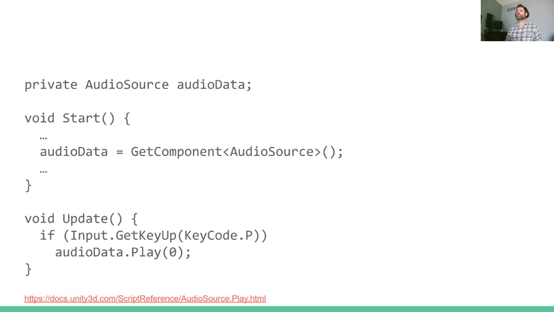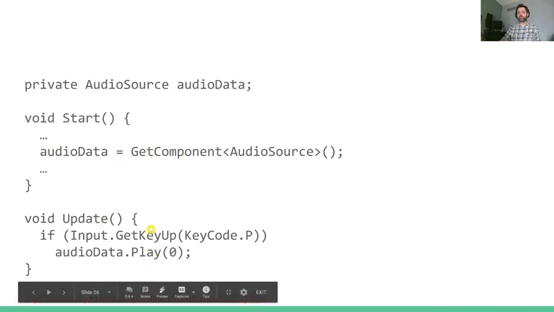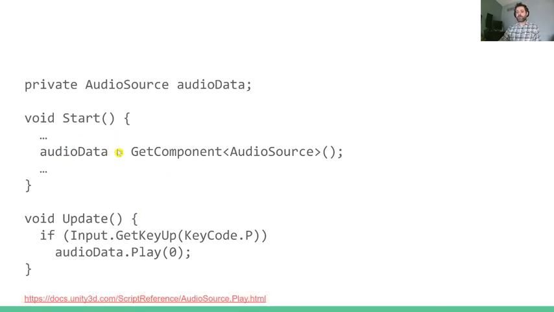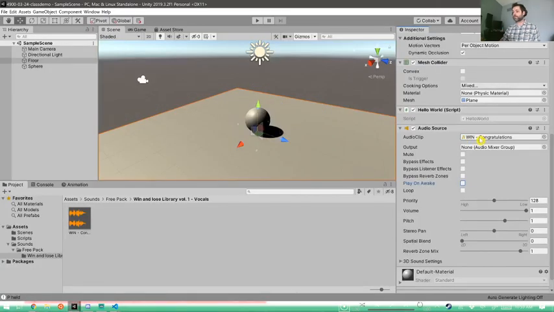So just like before when we were getting our cubes or getting our game objects, it's the same thing here. So create a private variable for our audio source. We will pull that component in our start location, and then we'll play it when we hit the P key, right? So this get component only is going to work if we have matched it up in here.